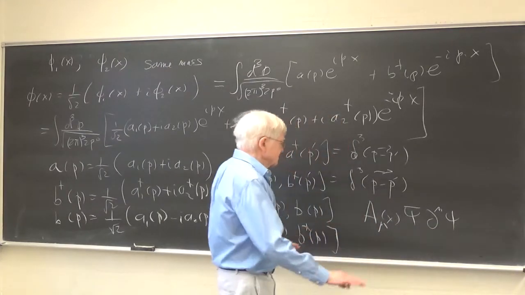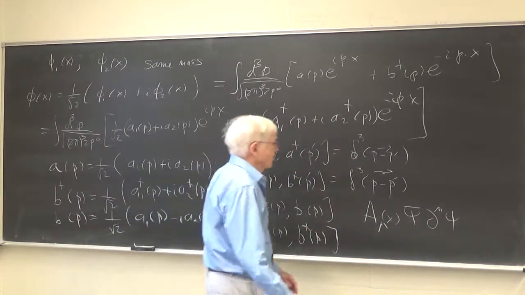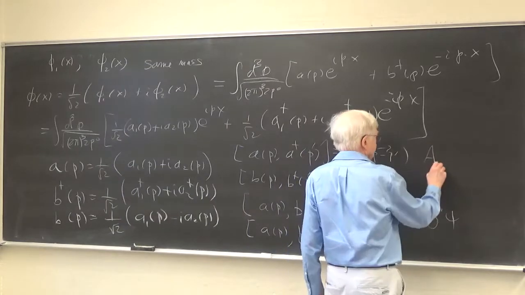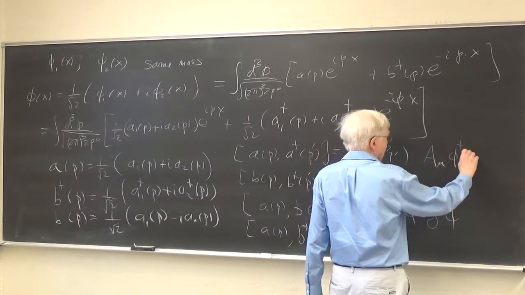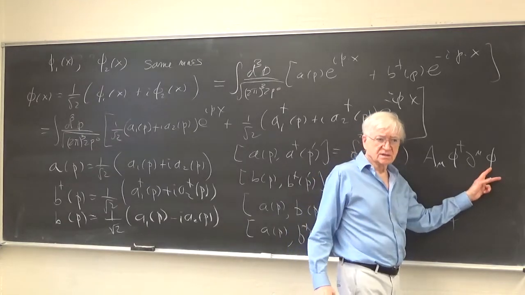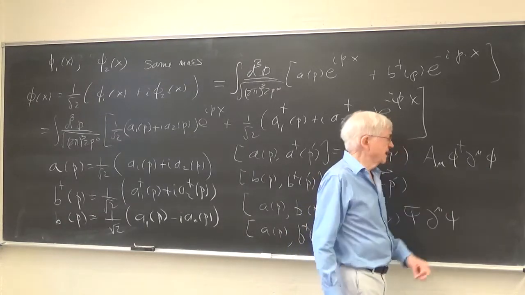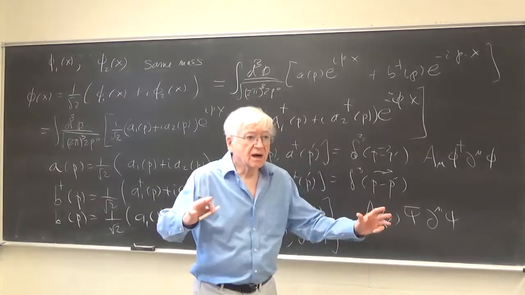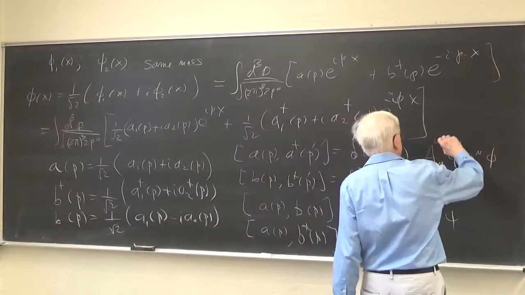If we're talking instead spin 0, then it's a similar coupling. It's A mu phi dagger d mu phi, where this is the complex field. Okay? This is the coupling of what? This is the electromagnetic field.